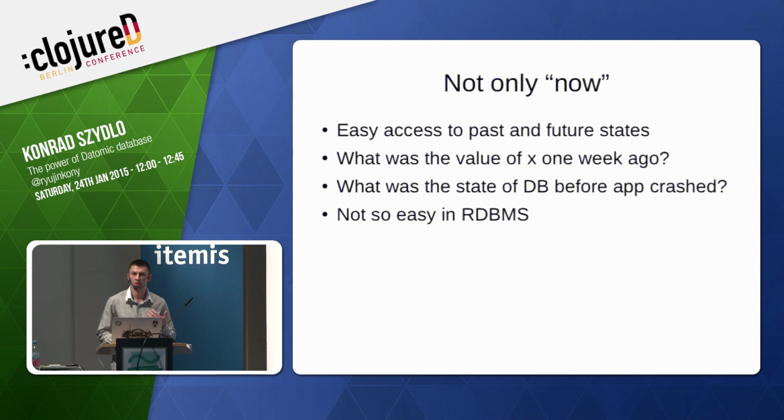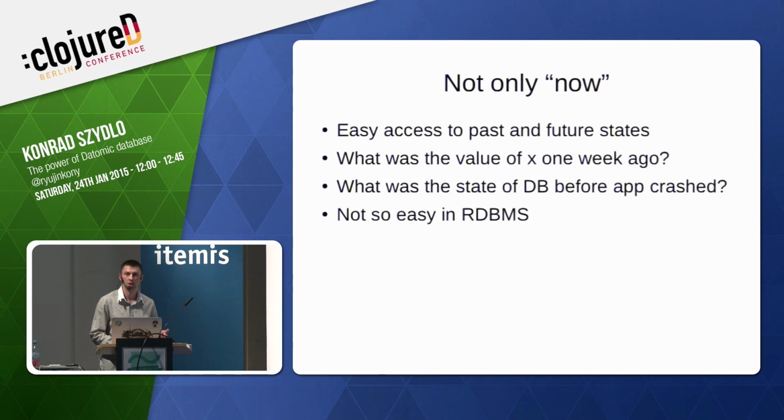Datomic is not only about now, but Datomic allows us easy access to past and also future states. So we can answer such questions as what was the value of X 1 week ago, or, hopefully it won't happen too much, what was the state of the database before it crashed.